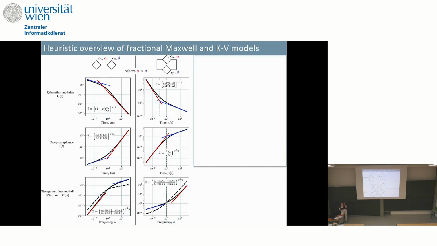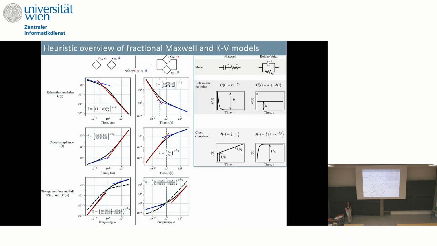So let's just give some intuition, which basically relates to what we have already seen. If you remember, when we have a model in series with a dashpot and a spring, the Maxwell one, the spring reacts at short time scale, and then the dashpot at long time scale.